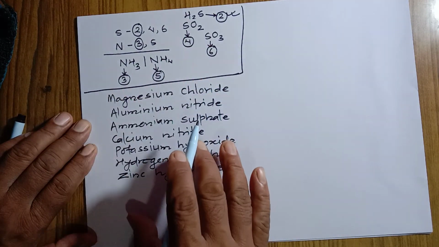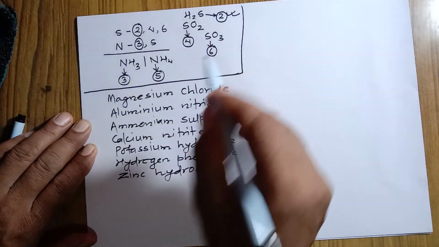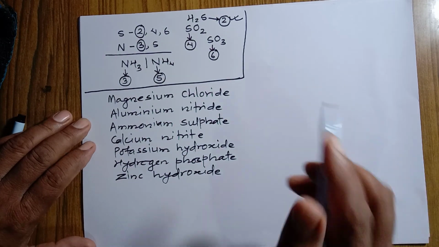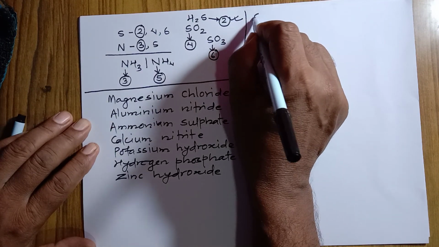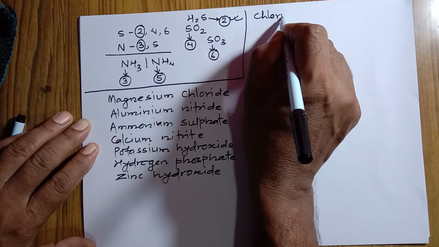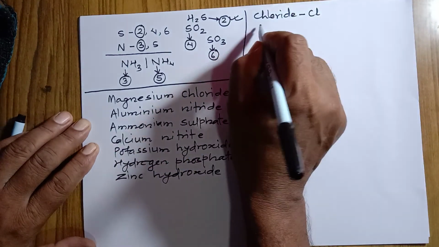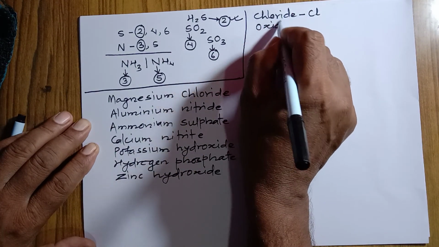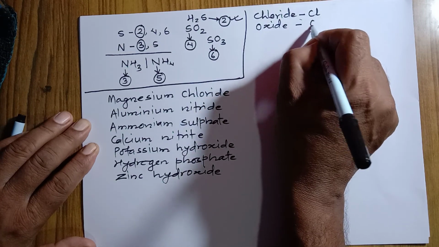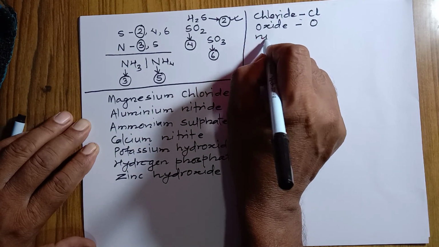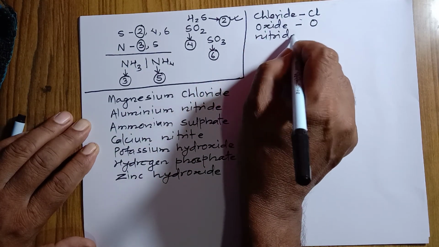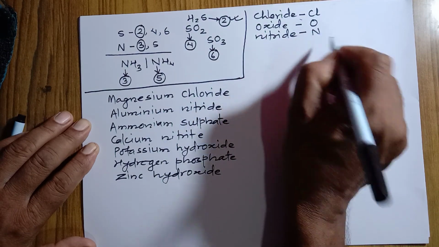Before starting all this, we have to remember something, that is, if you are told chloride, it means chlorine is combined. If oxide, oxygen is combined, and if nitride, nitrogen is combined.